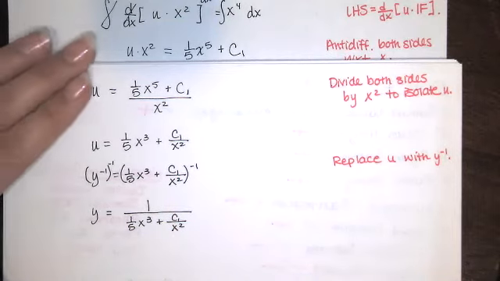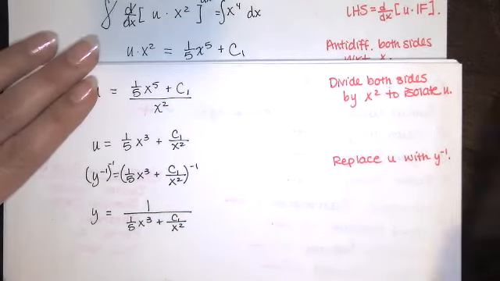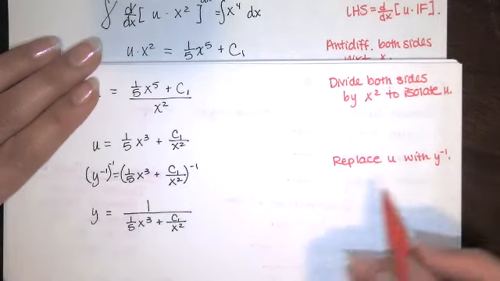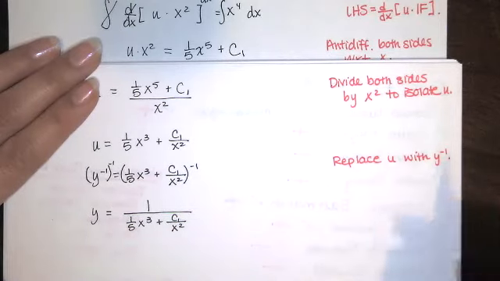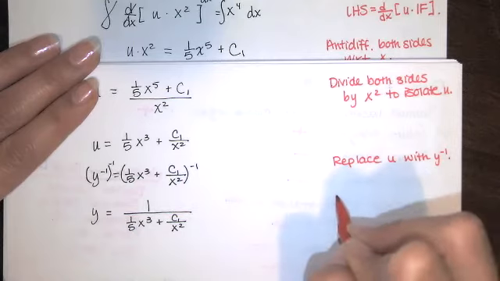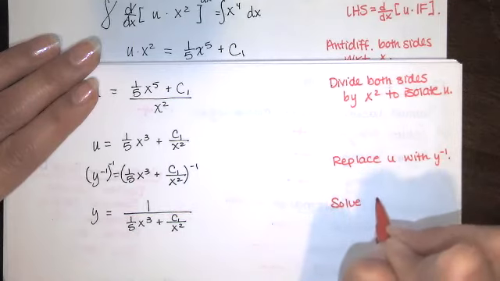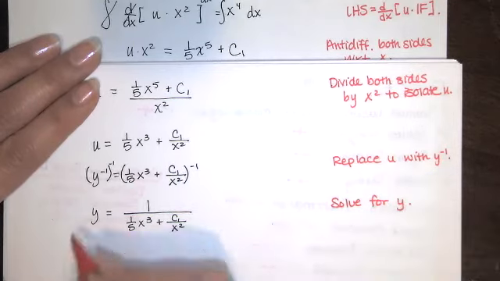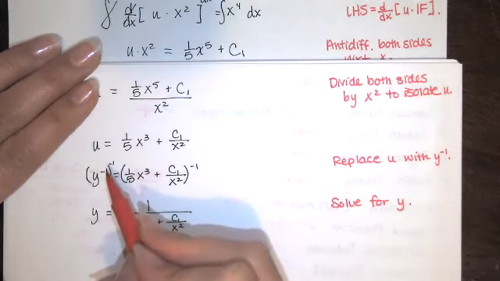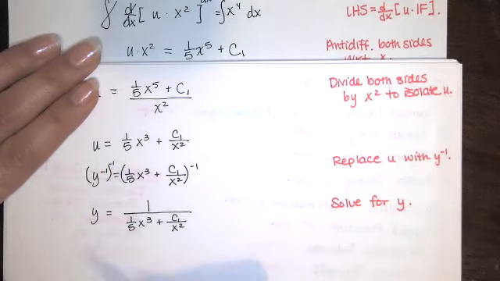That's my y. So we replaced u with y to the negative 1, and then we solved for y by raising both sides to the negative 1 power.